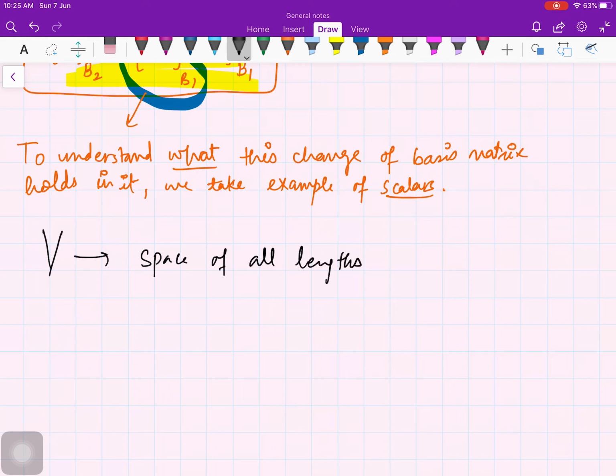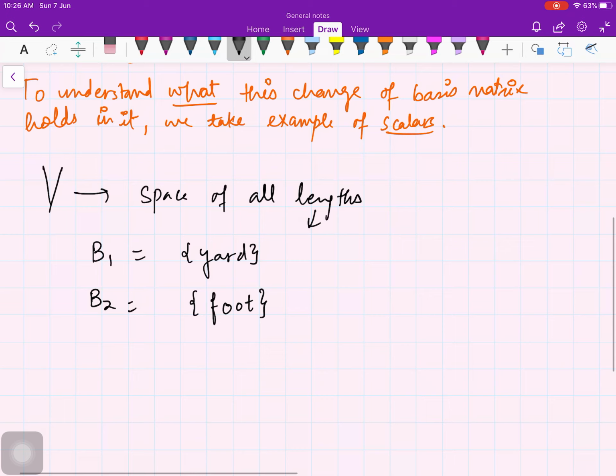Now I know that I can measure length in feet, I can measure length in yards. So let us take a basis b1, which is yard. So I'm measuring the lengths in yard, and I'm taking a basis b2 where I'm measuring my things in the unit feet, so the basis will be foot.